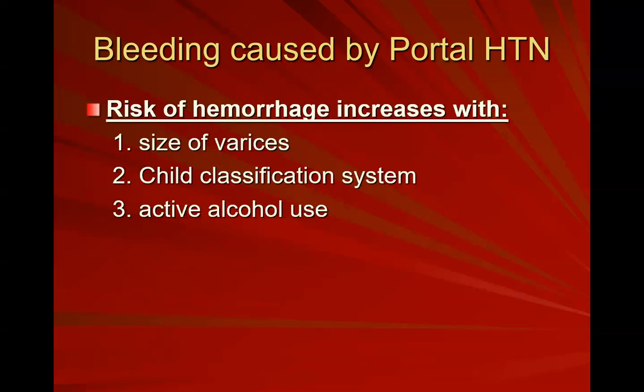The risk of hemorrhage increases with the size of the varices, and as we talked about peptic ulcer disease, there is also a classification for the varices, which they call the Child classification, and also how active the patient is in drinking alcohol.